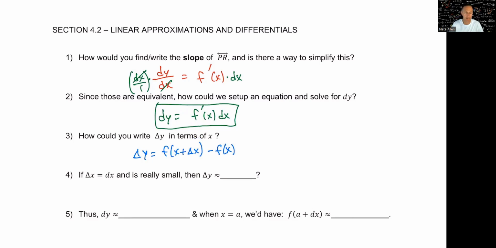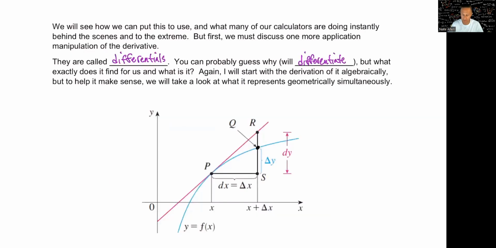Almost done here. Because we know that delta x and dx are the same and really small, then we know that delta y is simply just really close to dy. Again, let me show you the graph of this up above. Take a look at the very subtle difference between these dy and delta y.